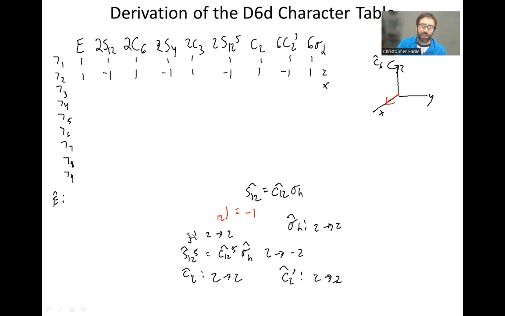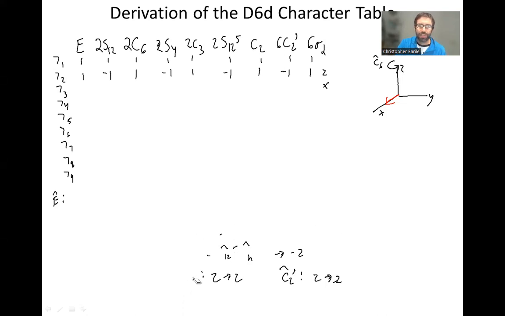And we're going to ask the question, hey, how does the x-axis transform with each of these symmetry operations? And we start with our first symmetry class, which is our identity class. So if we do identity on anything, we get back itself. So x is going to go back to x.